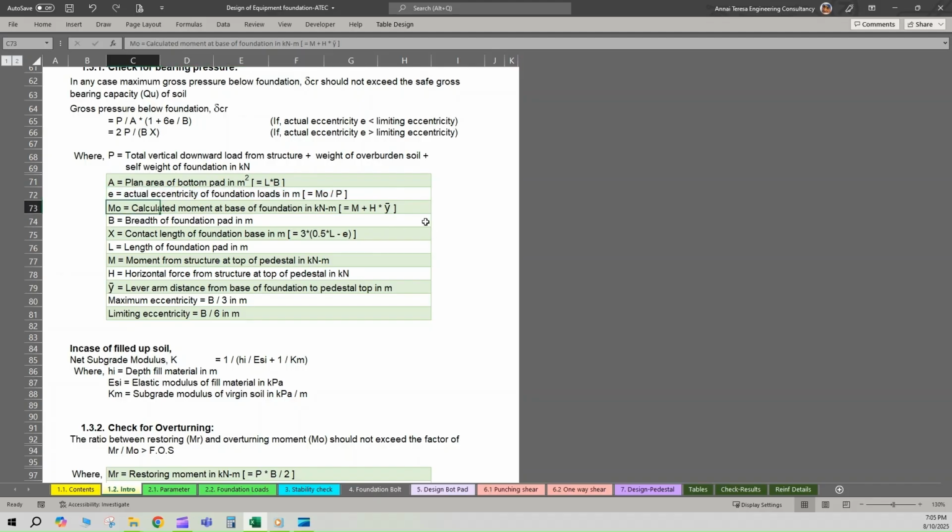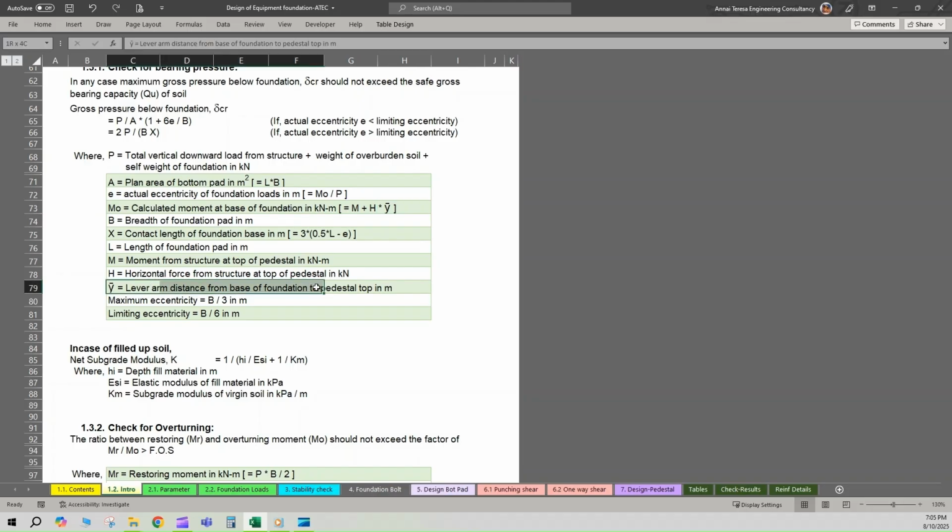That M0 is the calculated moment at the base of the foundation in kilonewton meter, which is to be calculated as the moment at the top of the pedestal or top of the foundation plus the horizontal force acting on the top of the foundation times the total height of the foundation, that is from the top of the foundation to the bottom of the pad, which we are assigning as Y bar.